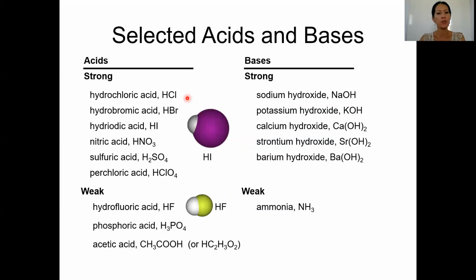This is just to familiarize you guys with strong and weak acids. HCl, HBr, nitric acid, sulfuric acid, these are probably familiar to you. And also weak acids, the most famous weak acid you'll use is acetic acid. You've already seen that. And the big difference is strong acids completely give up their H pluses.